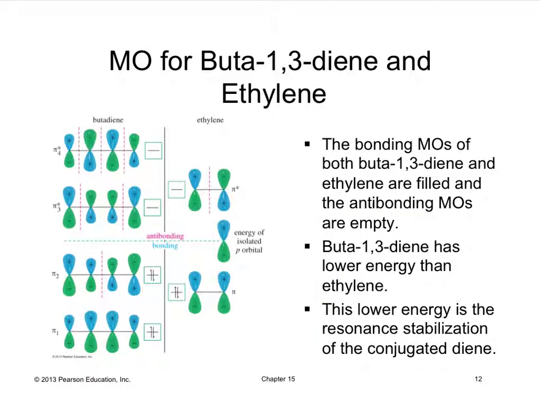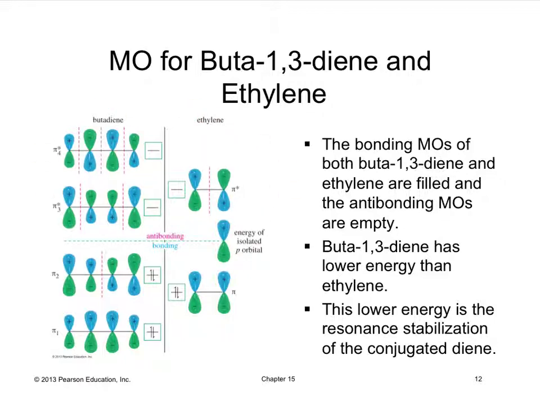If we look at the molecular orbitals for buta-1,3-diene and ethylene, buta-1,3-diene shown here, ethylene on the right, the bonding molecular orbitals of both the 1,3-diene as well as the ethylene are filled. So you see the electrons are filled in both of the molecular orbitals. And then the antibonding ones are unfilled, or empty.